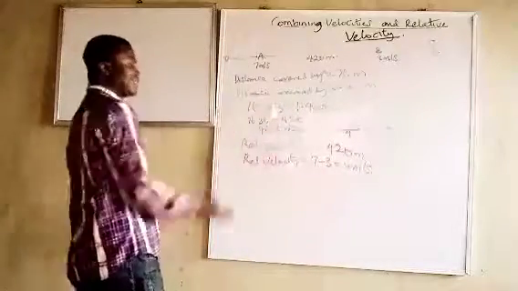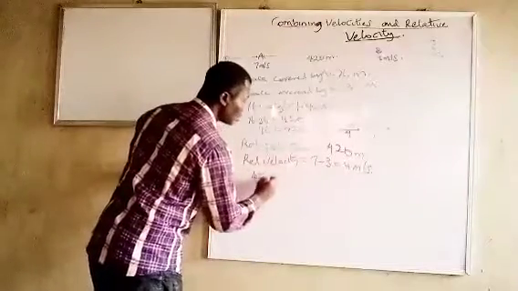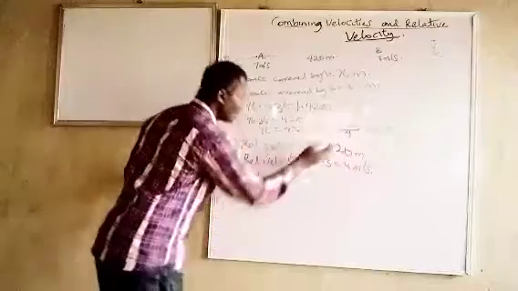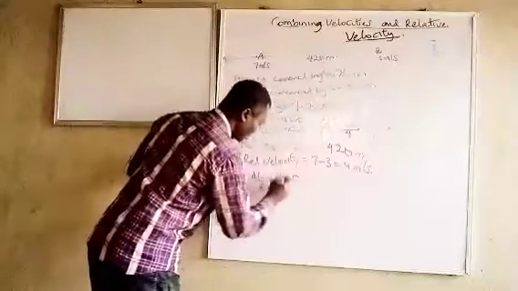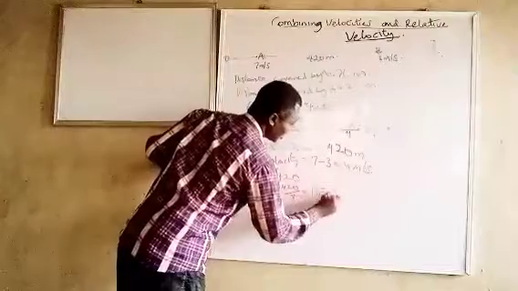Since they are going towards the same direction, 4t will be equal to 420, just like what we got earlier. So t, if they meet up, is 420 over 4, which is 105 seconds.